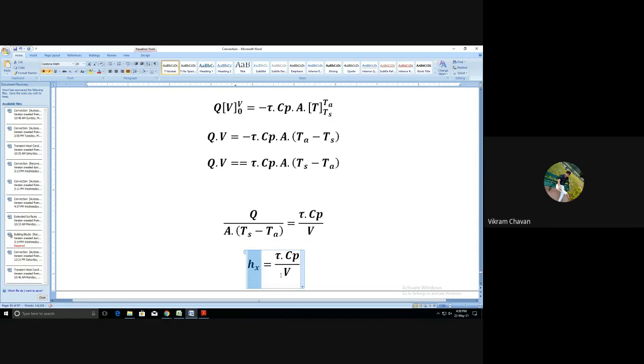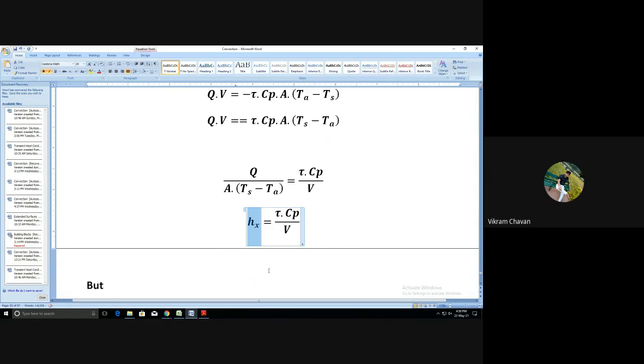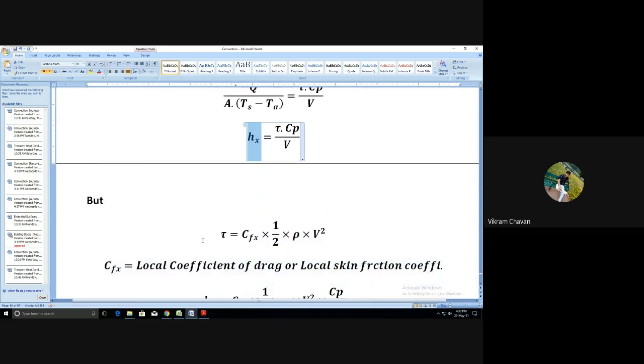Now, according to the drag force, shear stress is given as Cfx multiplied by 1/2 multiplied by rho multiplied by V square, where Cfx is nothing but the local coefficient of drag or local skin friction coefficient.